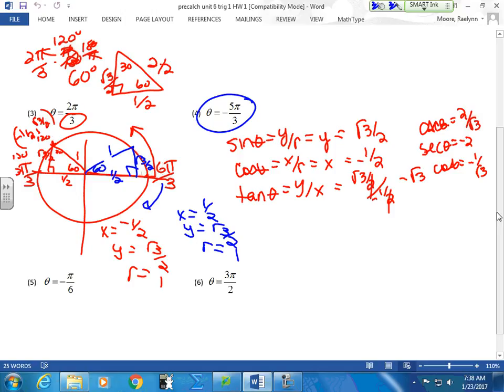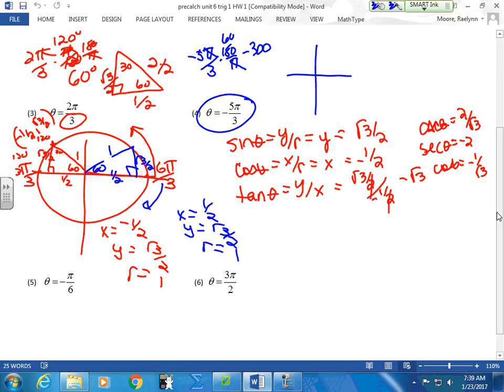Yes? Because we're finding where this angle exists. Let me convert this to degrees for a minute. You're not a radian lover, I can tell. 3 goes into 180 how many times? 60. What is 5 times 60? 300.